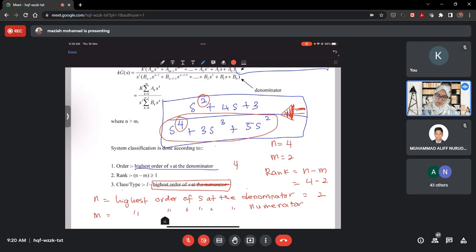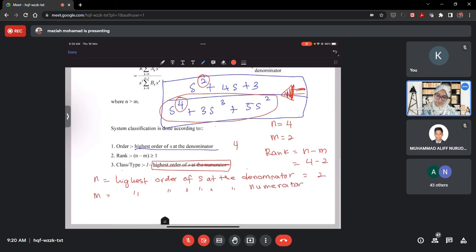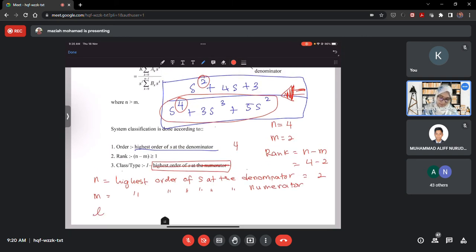For the class, or type, called L, the definition is the highest factorial of S at the denominator.